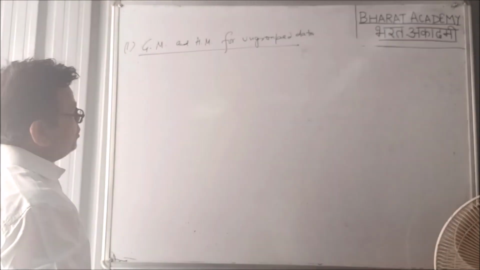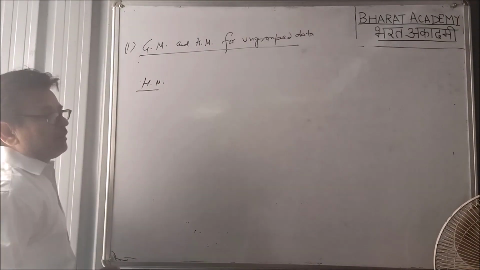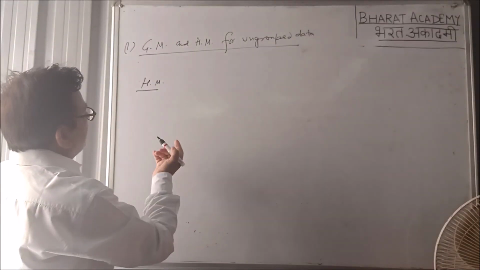Now, in case of ungrouped data, harmonic mean. How can we calculate the harmonic mean?